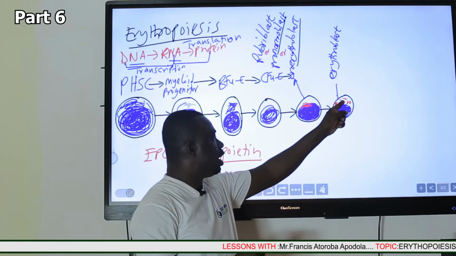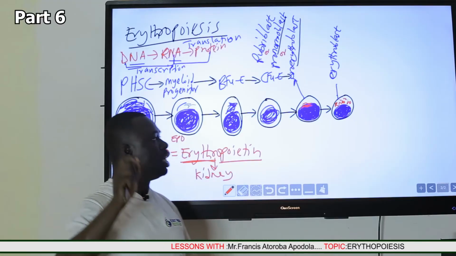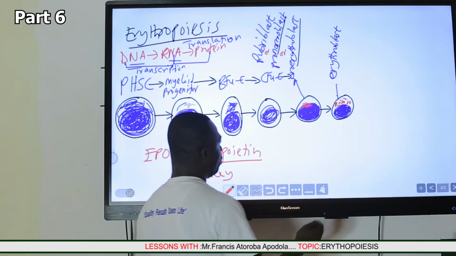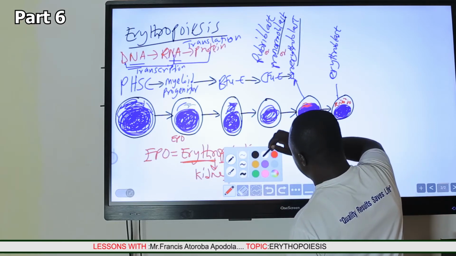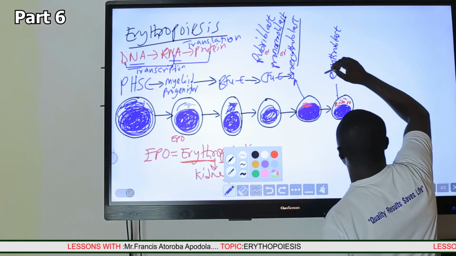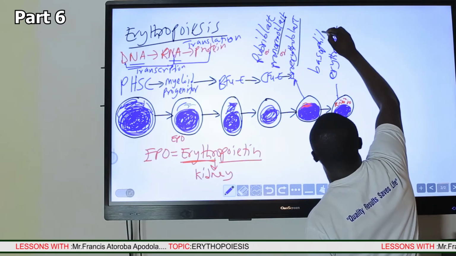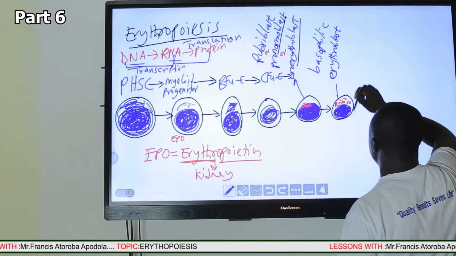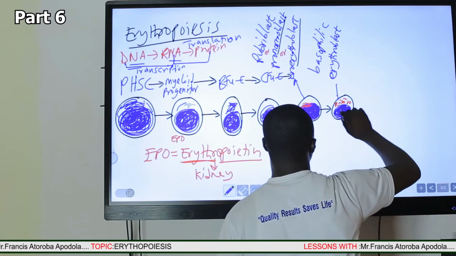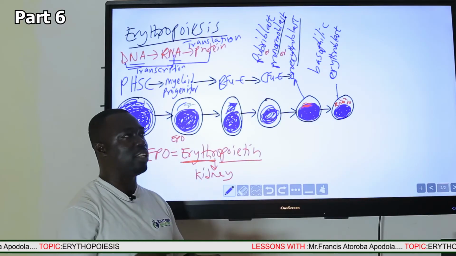And because the nucleic acids show love for the basic component of the dye, we say that the cytoplasm is basophilic. Philic means loving. So this erythroblast stage, the early stage of what? Erythroblast, shows a love for the basic part of the dye.